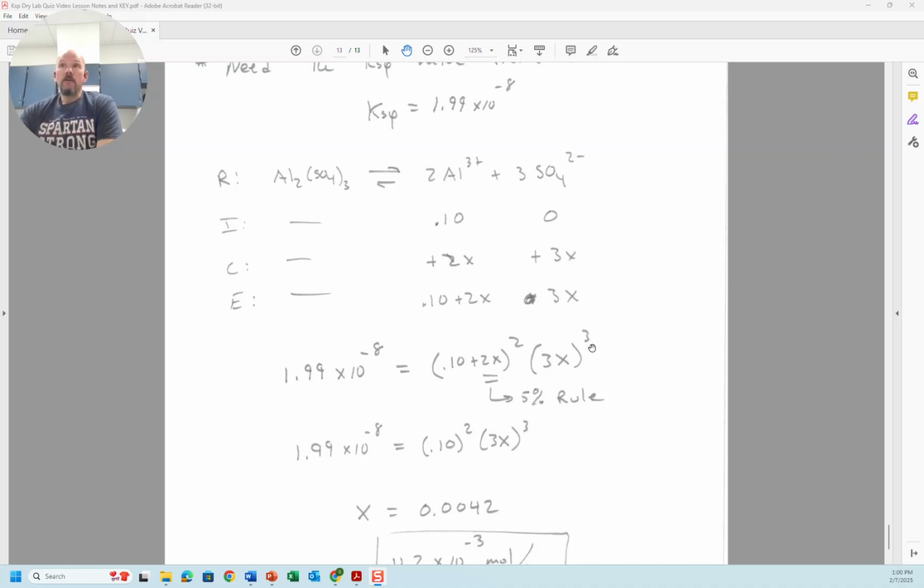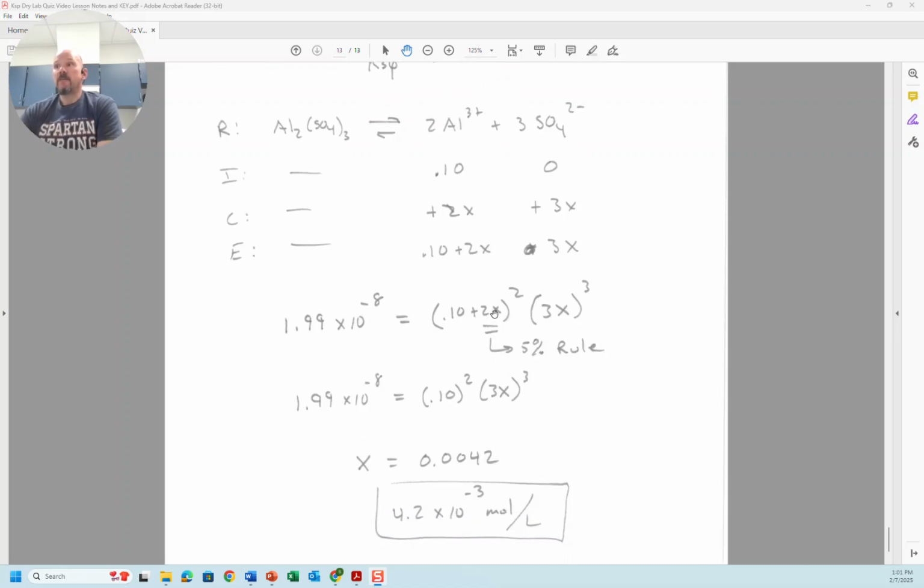Now we know that the reaction has to shift this way, but it's not going to shift a lot. So we know x is going to be really, really small. 2x is going to be really small. In fact, it's going to be a lot smaller than 0.1. So what we're going to do is 5% rule the 2x, and we simplify the expression into 0.1 squared times 3x cubed.